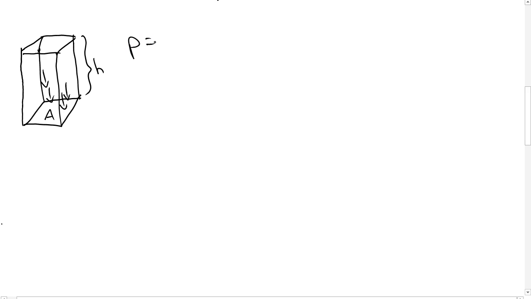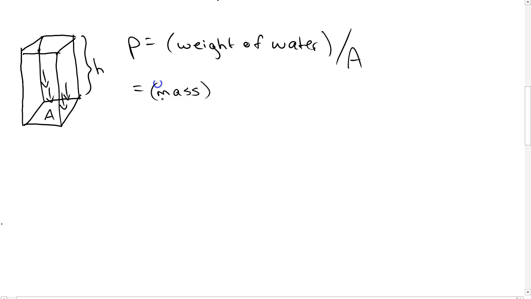So the pressure, and again, h is constant, everything is constant here, is going to be the weight of the water divided by the area of the plate, which is A. But we know how to find the weight of the water: that's mass times gravity, let's say 9.8 meters per second squared.